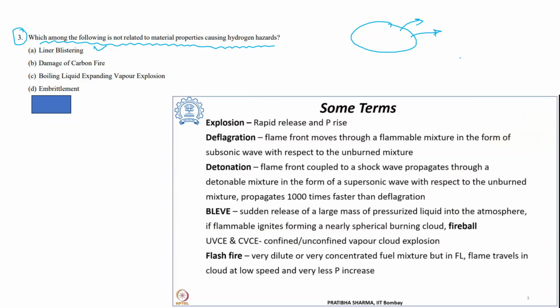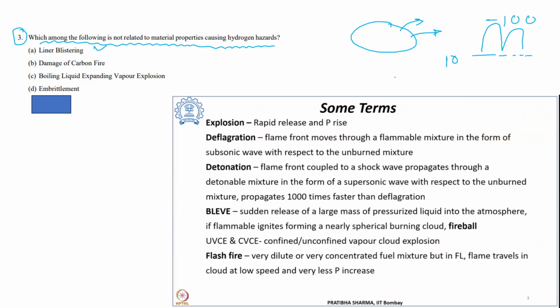Liner blistering, as I already discussed, is related to change in stress. Sometimes stress is 100 pascal, sometimes 10 pascal, in a cyclic process. When there are changes in stresses, or cyclic stresses, or repeated stress, the material can fail due to the repeated stress.